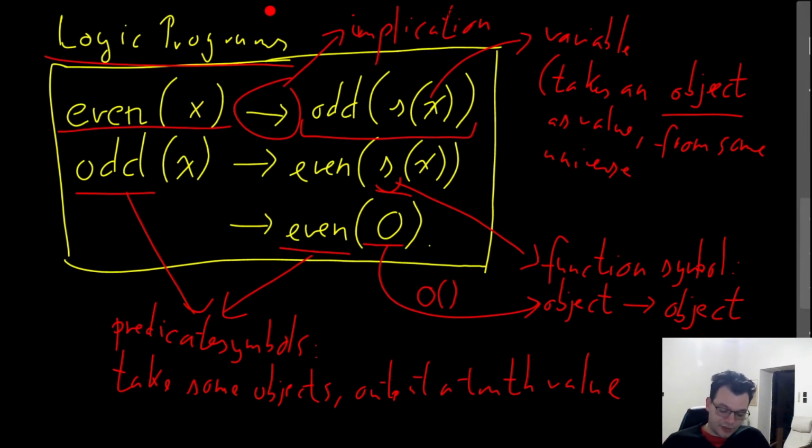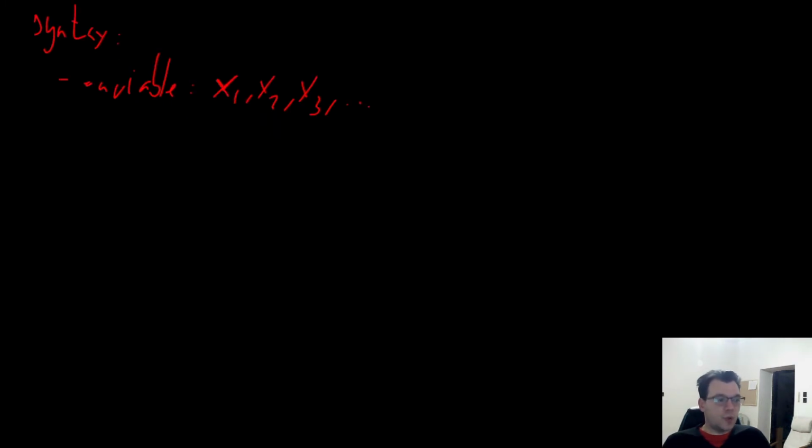So let's be a bit more formal. For the syntax, variables, say it's x1, x2, x3 and so on. Of course, in real life scenarios we also use y, z and so on, but just to be well defined, let's use these variables x1, x2, x3 and so on.